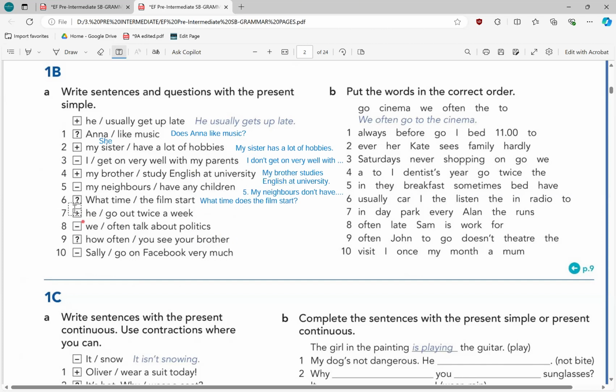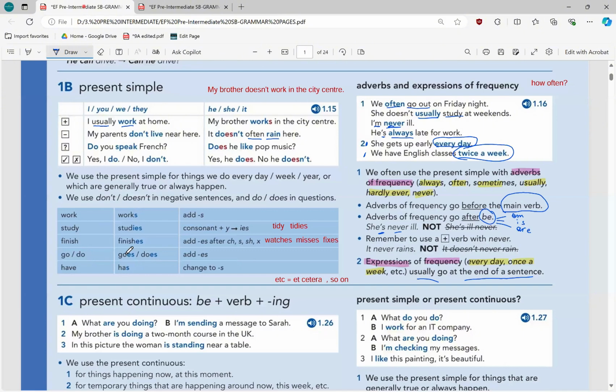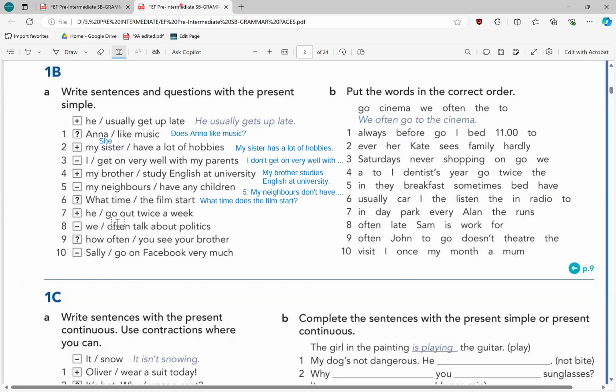And then we got here a plus sign, positive sentence. He goes, as you can see here, goes and does. If it's I, you, we, they, I go or I do. But if it's he, she, it, goes or does. So he goes out twice a week.